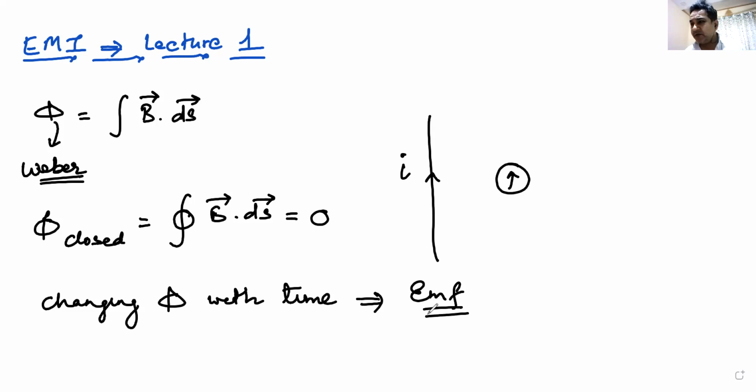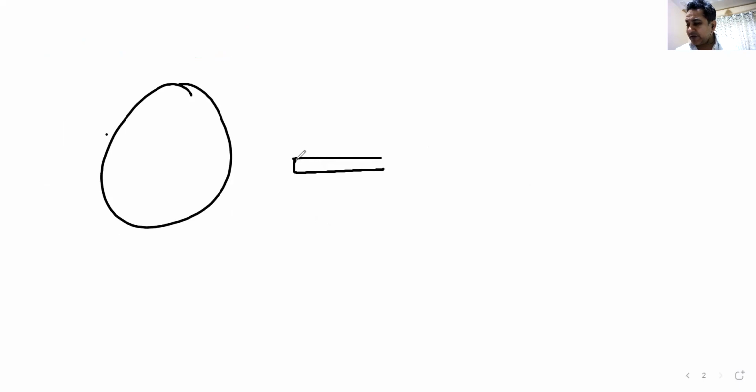There are many ways in which you can change magnetic flux with time. For example, you have a conducting loop like this, and you have a magnet, north south. You bring this magnet closer, you will be changing magnetic flux with time. A current will be induced in the loop.